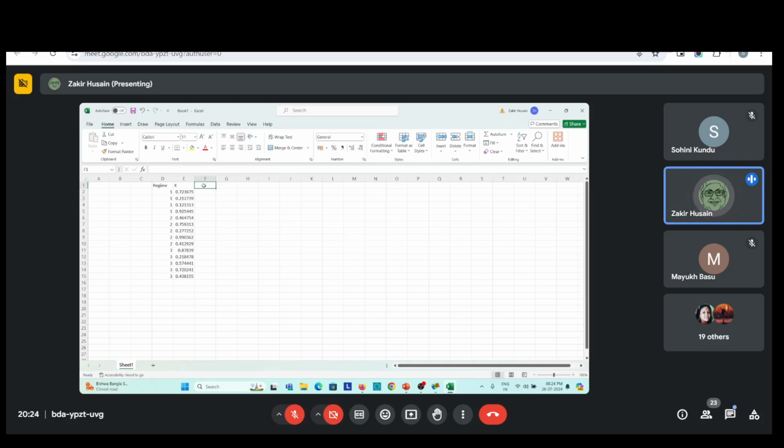So we have got three regimes. So what we do is we make it x1, x2, and x3. So regime 1, I copy all the data. Regime 2, this is the data. Regime 3, this is the data. And it is 0 for the remaining part.